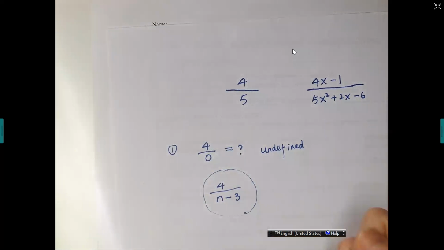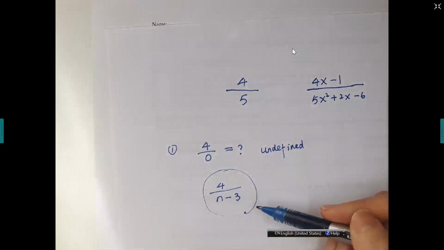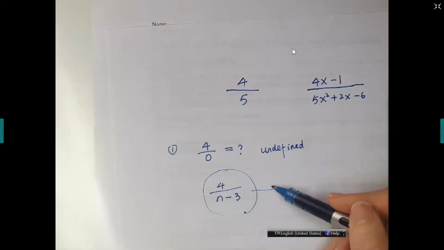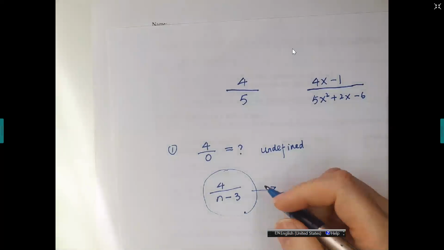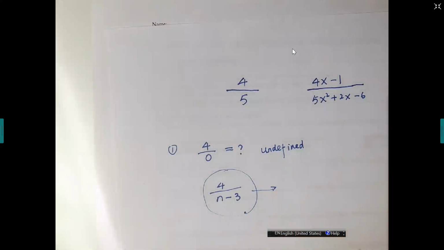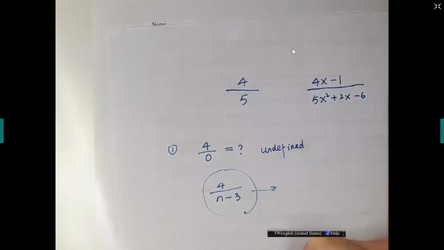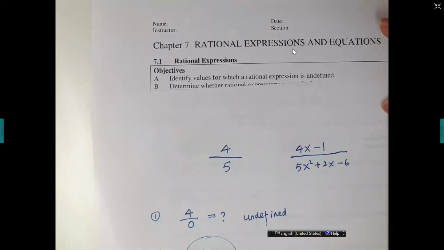Now we are asked, please find the value for n to make this expression undefined. So n can be any number, but one number will make this rational expression undefined. Can you find this number? Or let's read this.